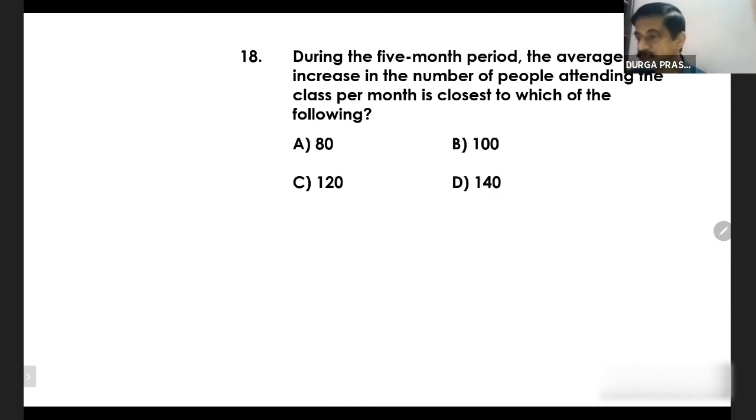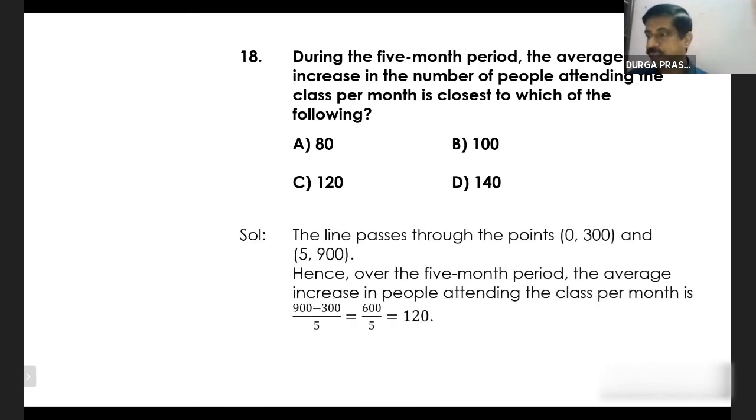So we should find out what the attendance was in this month and what the attendance was in the 0th month, that is, at the start. The difference of that is what is being asked, 5th month and the start.